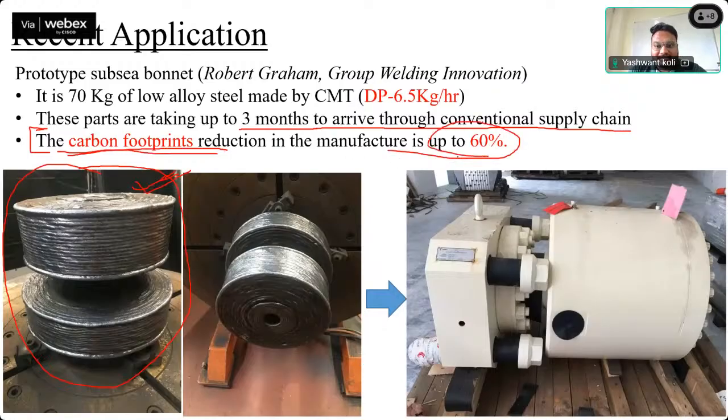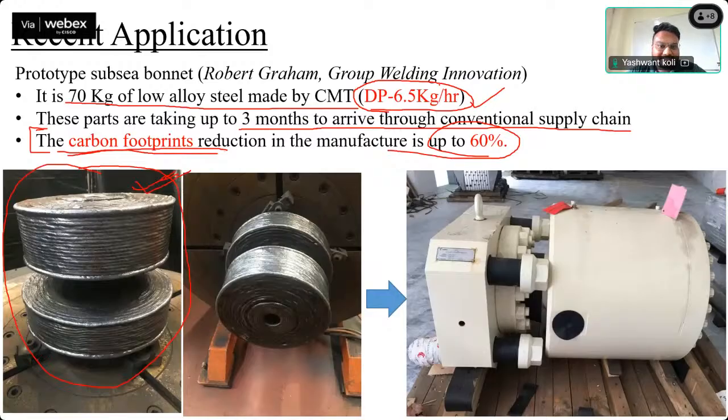Someone has calculated that 70 kg of material was deposited using CMT at a deposition rate of 6.5 kg per hour. That is very high. At this deposition rate, approximately 60% of the carbon footprint was reduced.